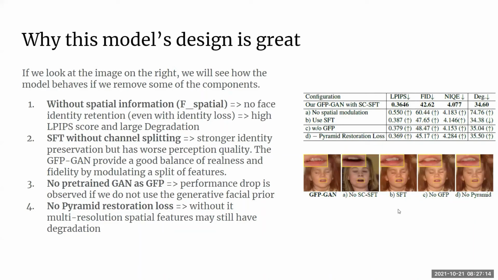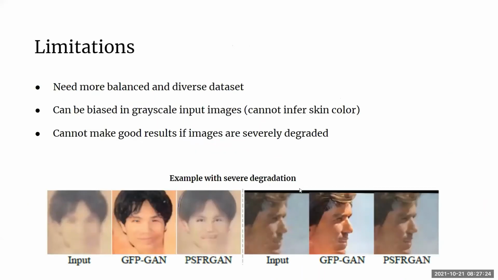And I think we have a clear winner over here, that it has a realistic image that looks real. So of course, there are no perfect models, and it has its own limitations. The limitations are the following: they still need a more balanced and diverse data set.